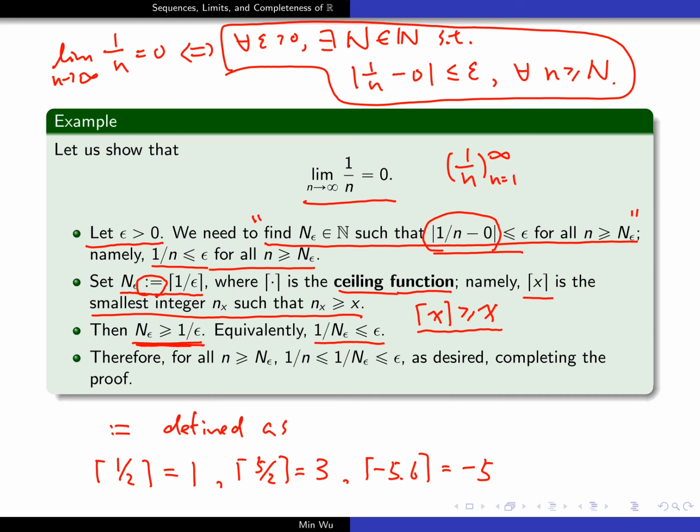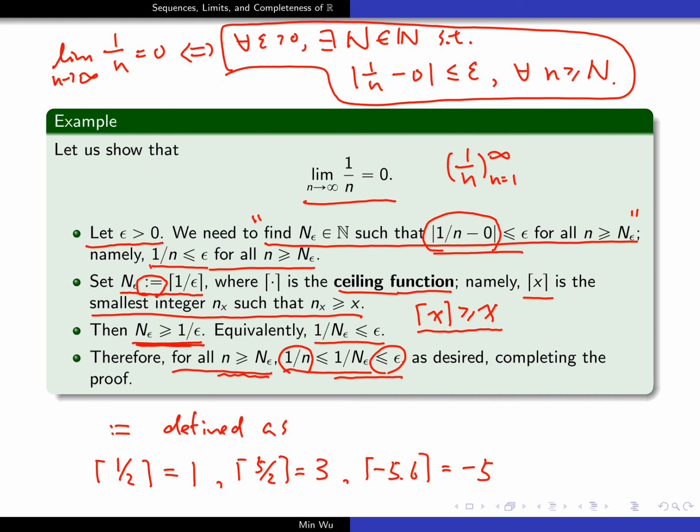If we have this inequality, then if n is greater than or equal to N epsilon, we of course have 1 over n less than or equal to 1 over N epsilon, because we take the reciprocal for this one. And because 1 over N epsilon is less than or equal to epsilon, we also have the second inequality. This makes 1 over n less than or equal to epsilon for any n that is greater than or equal to N epsilon, which is what we want.